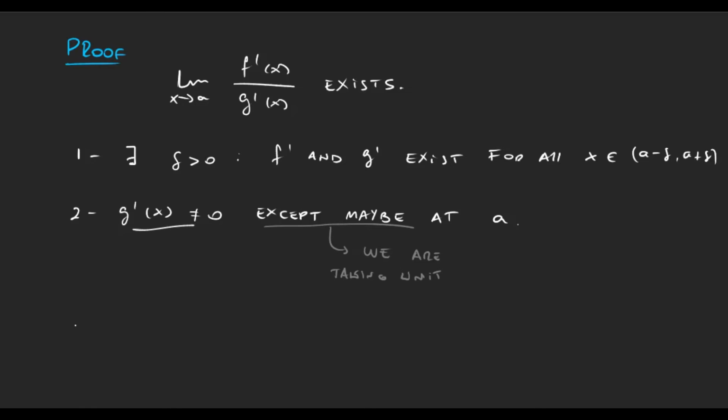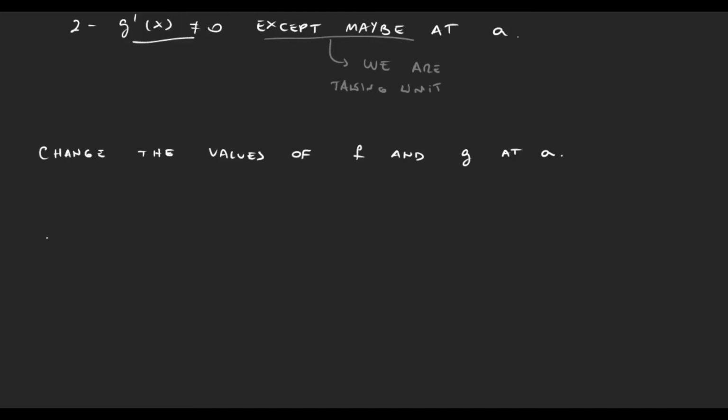So now we're going to change the values of f and g at a. Let's say that this here is a, and f of a has this value. But we know that the limit of f, and the same for g, was 0.